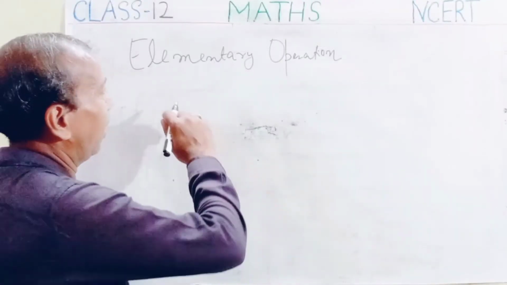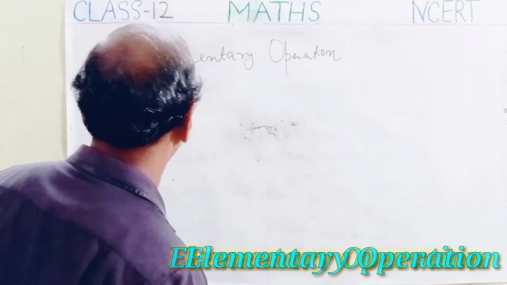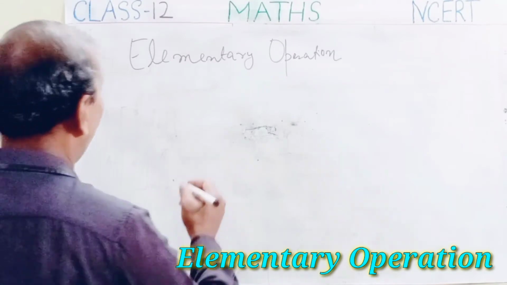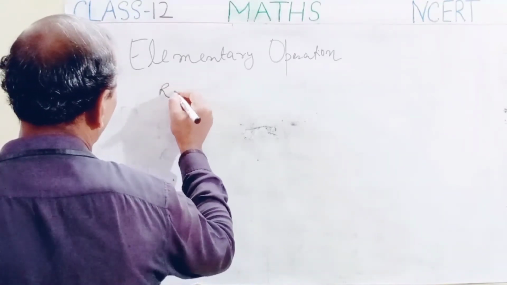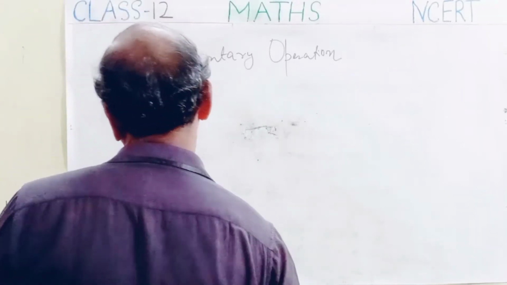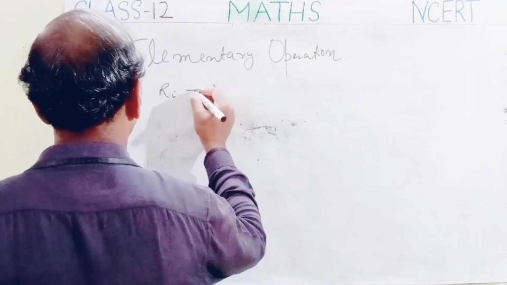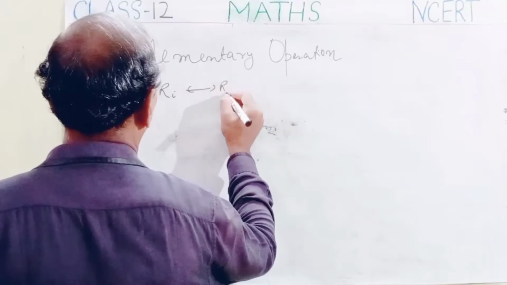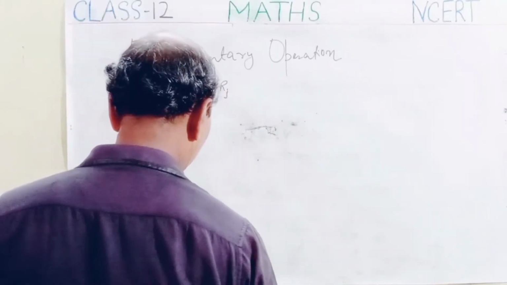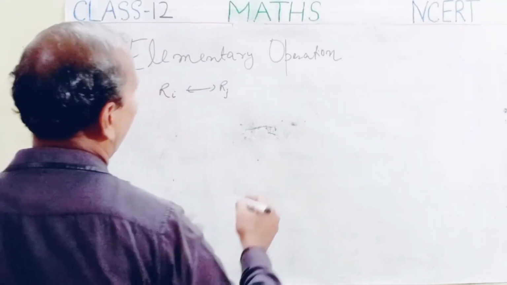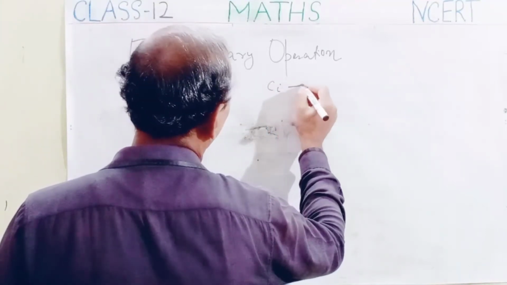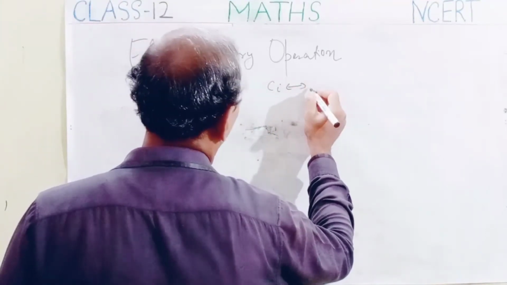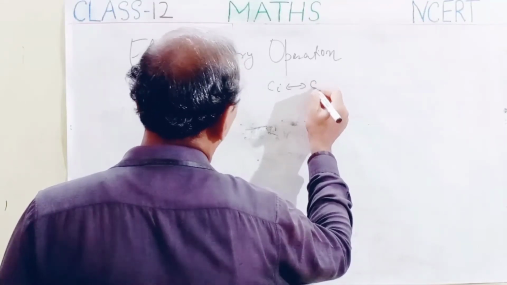Now we will see elementary operations. In the operation, you can change the ith row to the jth row, and similarly you can change the ith column into the jth column.